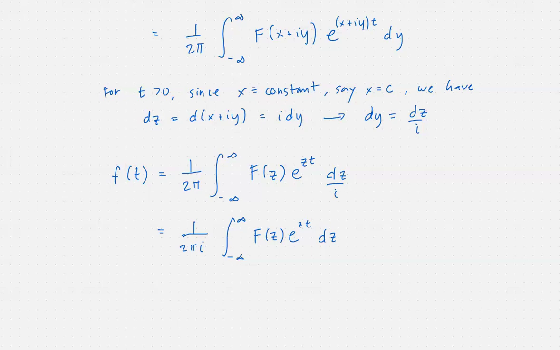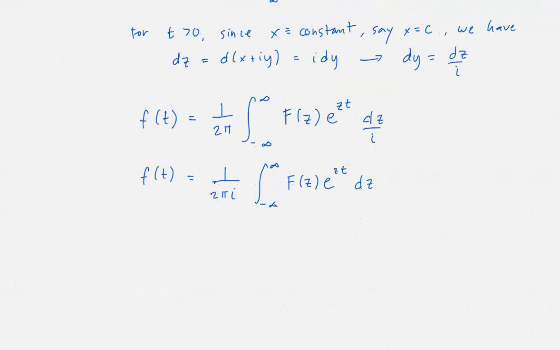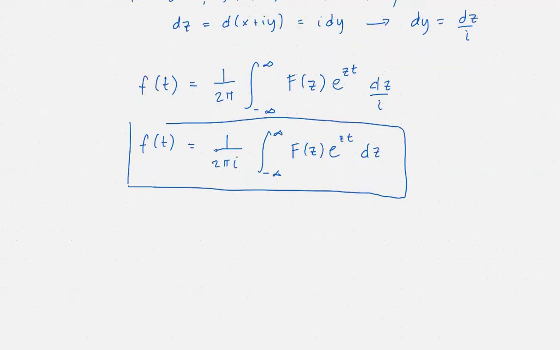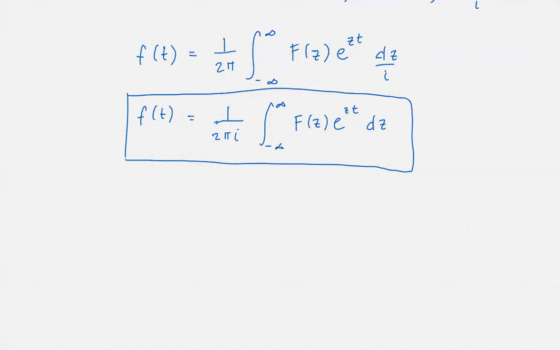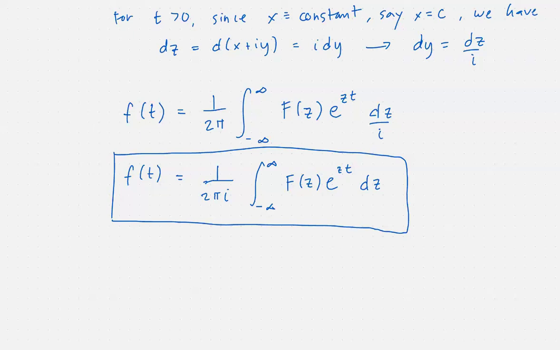Now, does this look like a very familiar integration? If you look at this form, actually this is our inverse Laplace transform, or our Bromwich integral. By the way, since we assume that we have c here as a constant, our integration will be different because our dz is now a complex number.